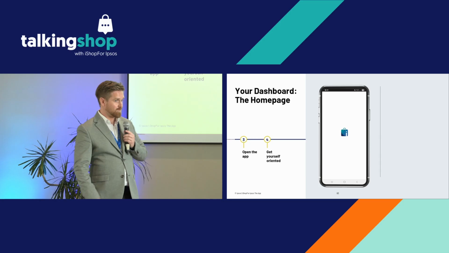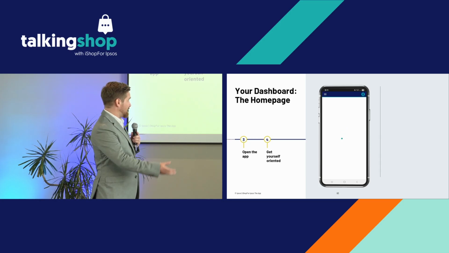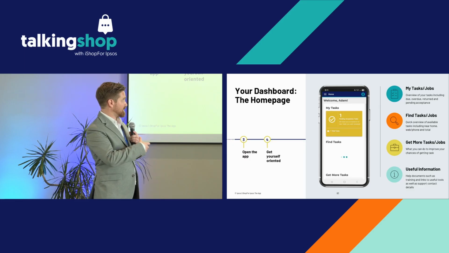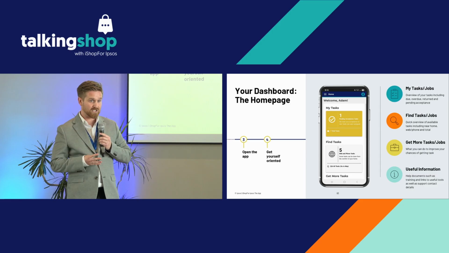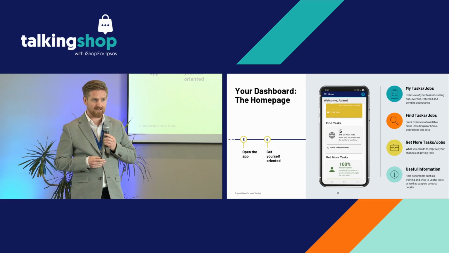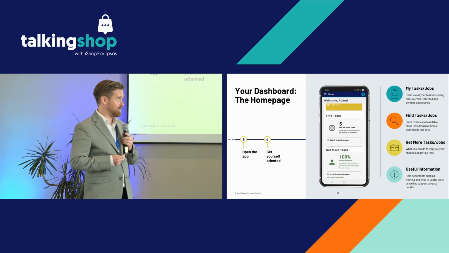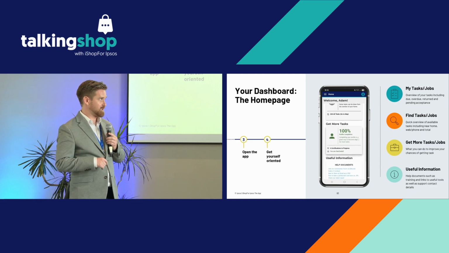Okay, so once you've gone through the registration process or you've logged into the app, you'll find yourself on the home screen. The home screen is really compact, really neat. It's got 4 widgets, packed full of information about your tasks, jobs that you can find, how to get more jobs, and also some extra information.